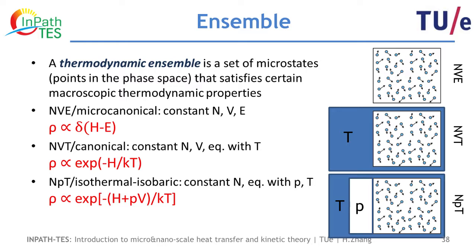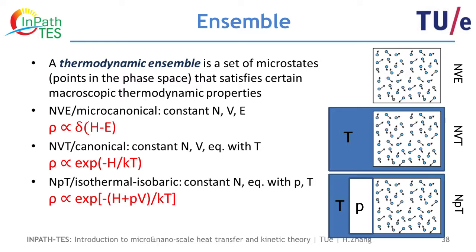The first example here is the NVE ensemble, also named microcanonical ensemble. In an NVE ensemble, it has a constant number of particles, constant volume, and a constant total energy, or Hamiltonian.